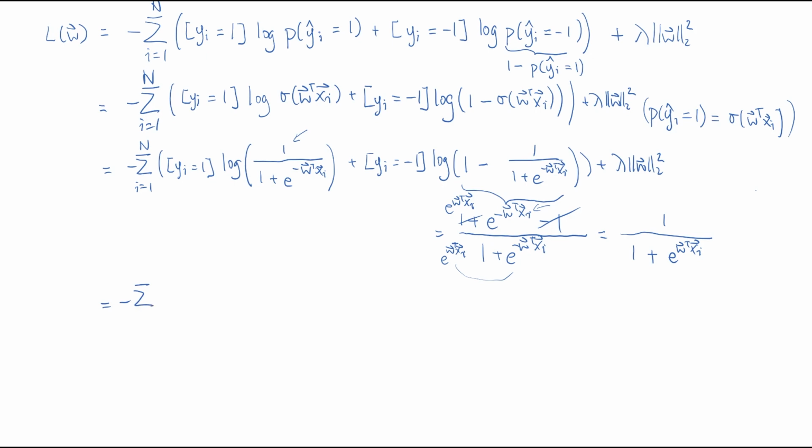Let's just write down the results. So indicator that yi equals 1 of log, so nothing changes here, 1 plus e to the power of minus w transpose xi, plus indicator that yi equals minus 1 of log of 1 plus, and this time e to the positive w transpose xi.